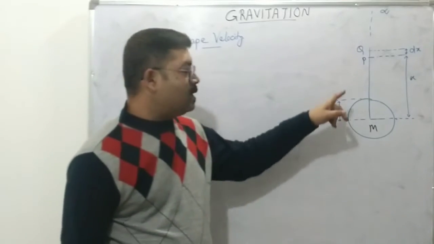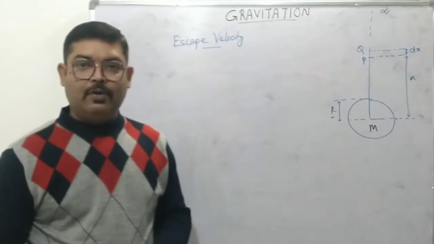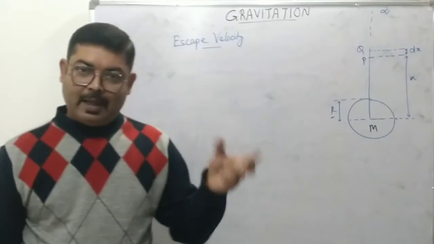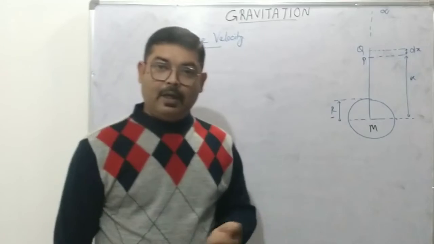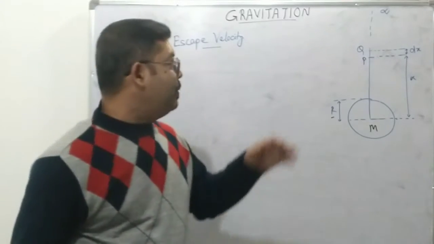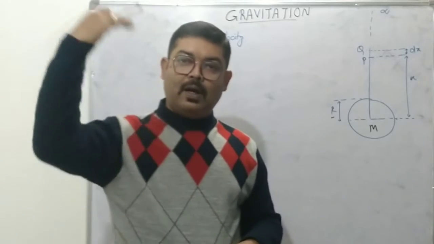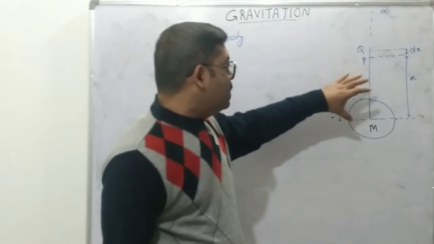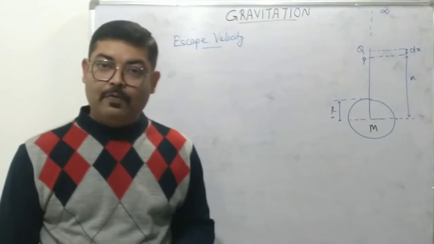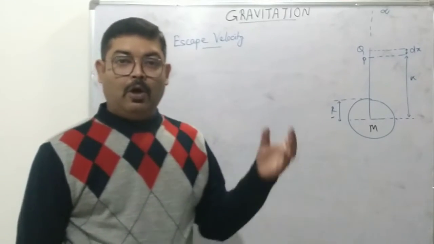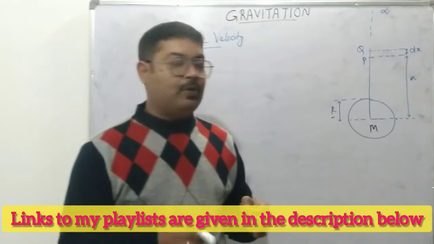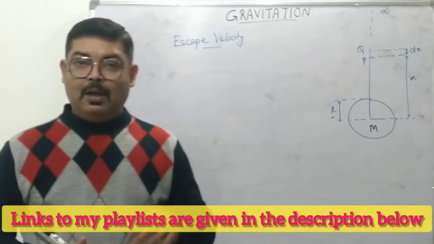What if we apply such a high initial velocity that the particle escapes the Earth's gravitational field? What do we mean by escaping a gravitational field? We mean that it goes so far away that the effect of the field is no longer felt, or the field can no longer exert a sizable or measurable amount of force on that particular particle.